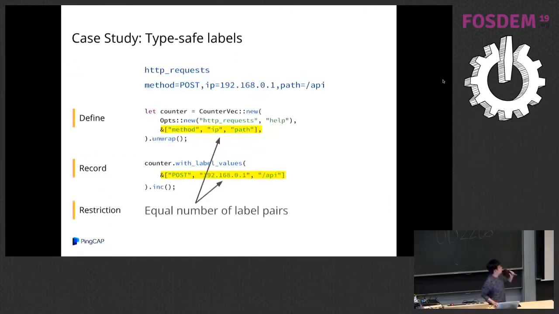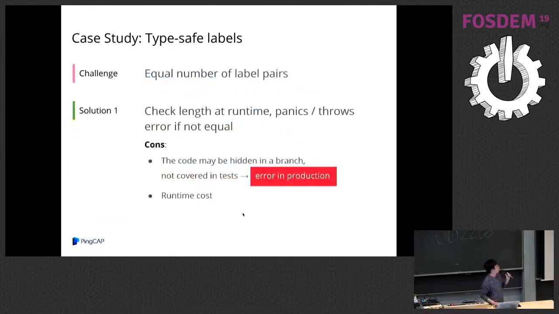Type-safe means that the label numbers you provide when you define the metrics will be the same when you use it. It will be checked by the compiler instead of at runtime. So when it is checked at compile time, you don't need to worry about, for example, not being covered in tests or something else, and there is no runtime cost. And we are doing it in a type-safe way. So that's type-safe labels.